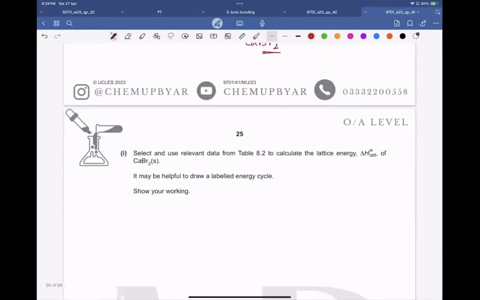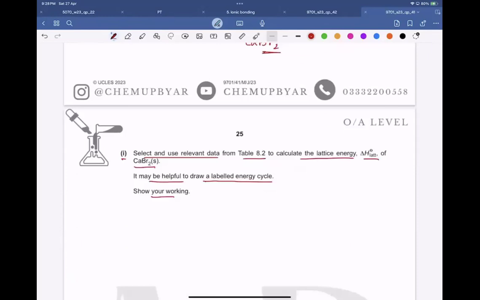Now, what they are saying in part 1: select and use relevant data from table 8.2 to calculate the lattice energy of calcium bromide. It may be helpful to draw the labeled energy cycle. Show your calculation. Okay.